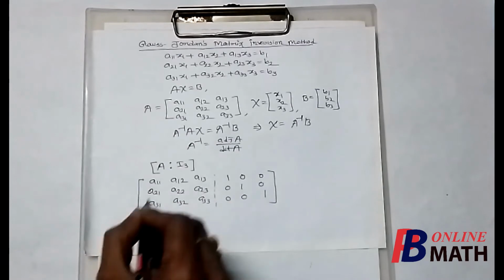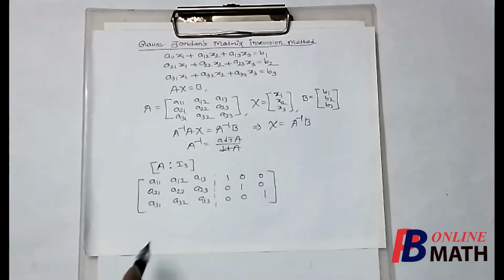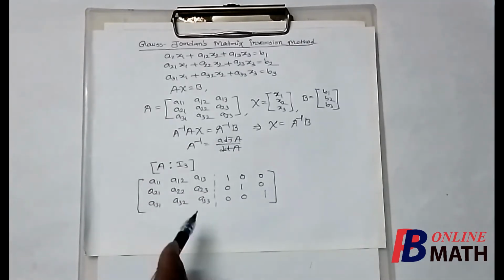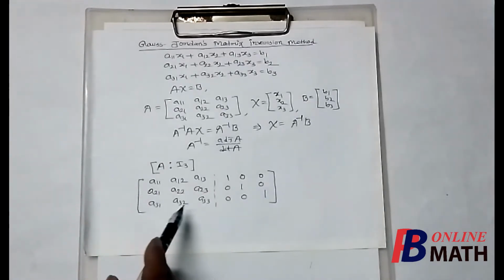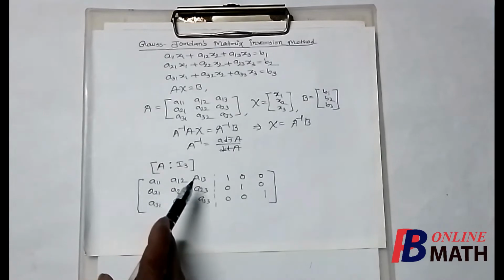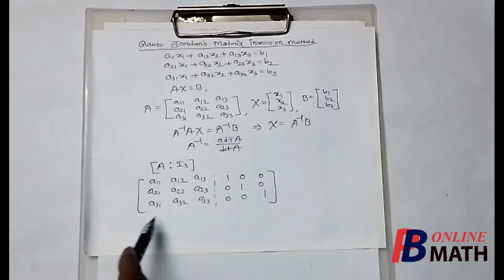So in this matrix, we shall apply the elementary row operations such that our target will be to convert this coefficient matrix to an identity matrix.